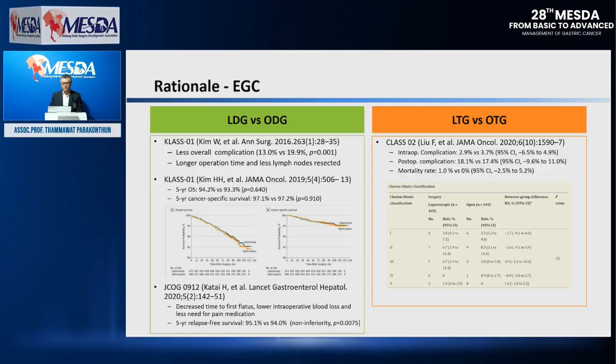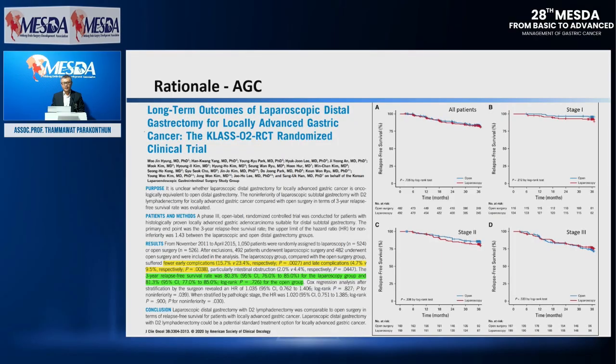Also, the Japanese study demonstrates the same results. For total gastrectomy in a very high volume center, they demonstrate the same direction. Short and long-term outcome is better in the laparoscopic total gastrectomy.